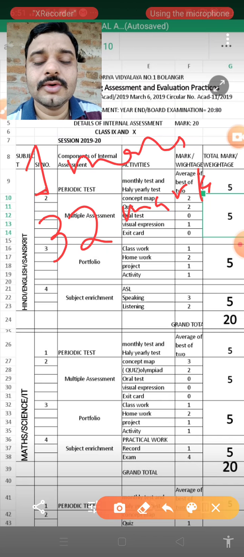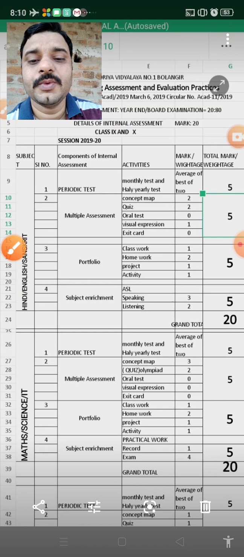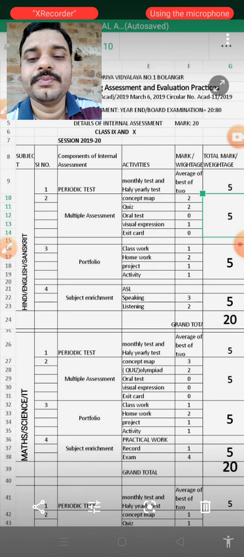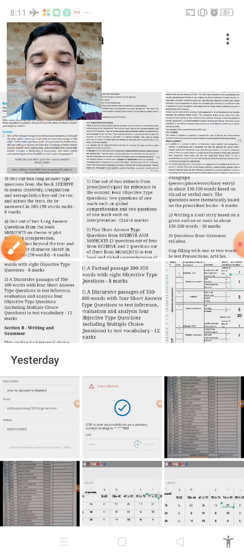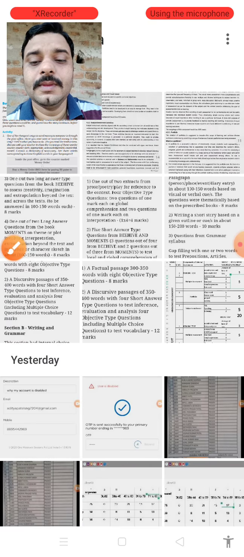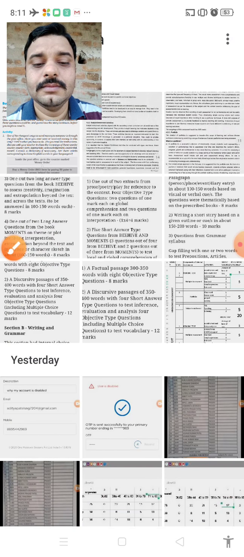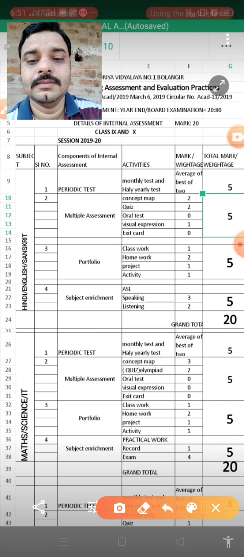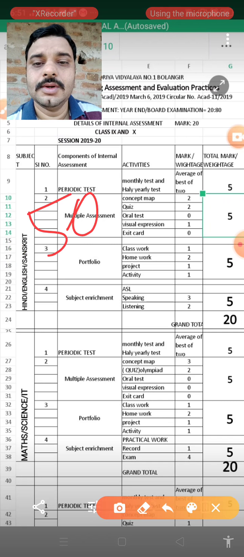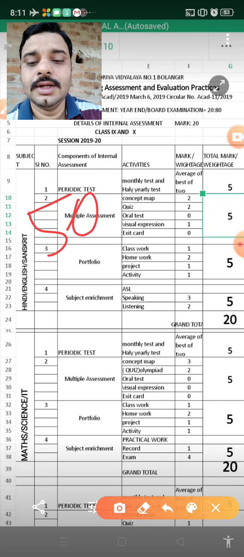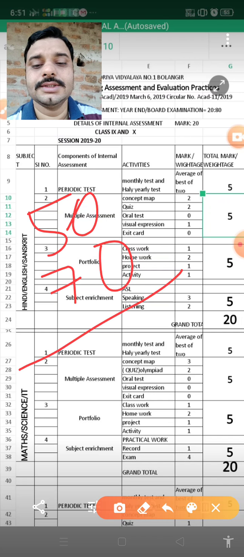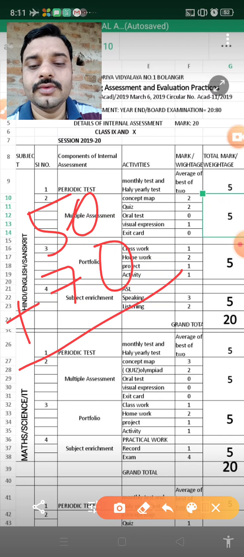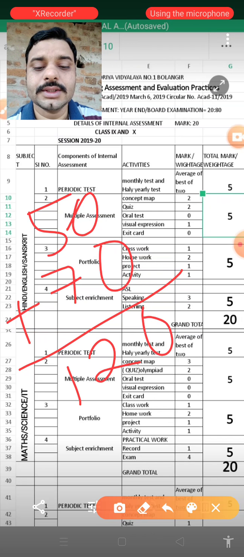Now divide your marks by 32. Suppose you have scored 50 in one test, that is your best, and you have scored 70 in another test, then it adds up to 120 marks.